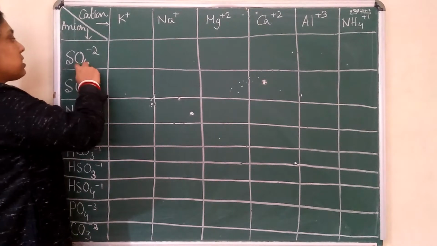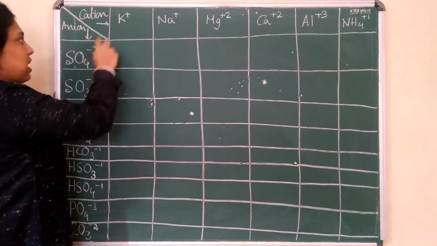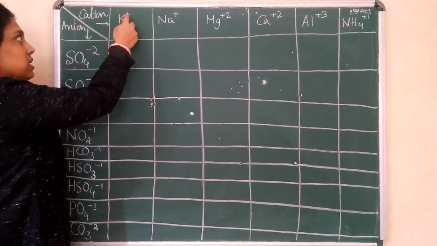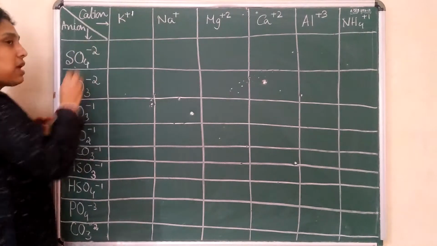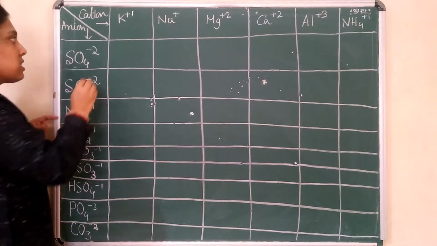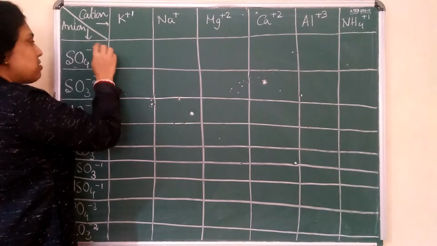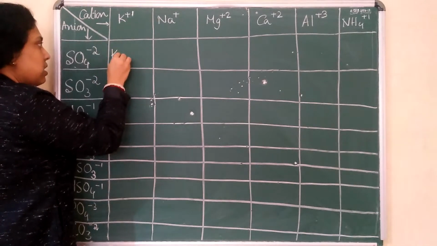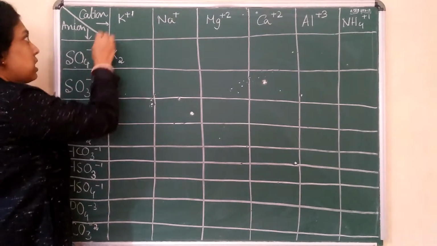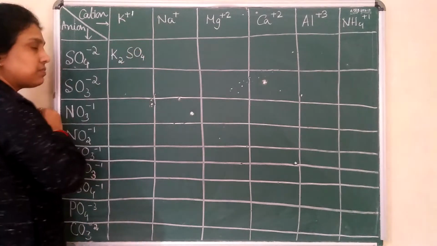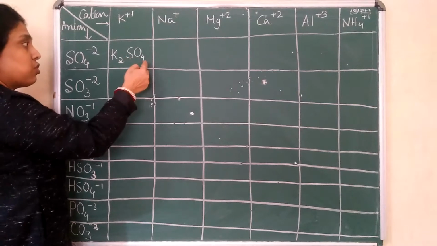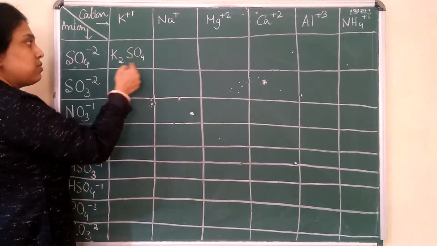So how do we write? See, K plus, the valency has to be interchanged. This is plus 1 and this is minus 2. When you interchange, K2SO4. The 1 you don't have to write, but if it is more than 1, then you write it in bracket.